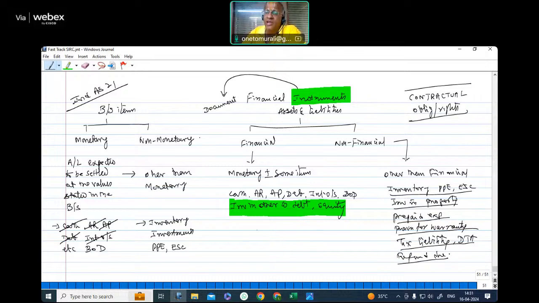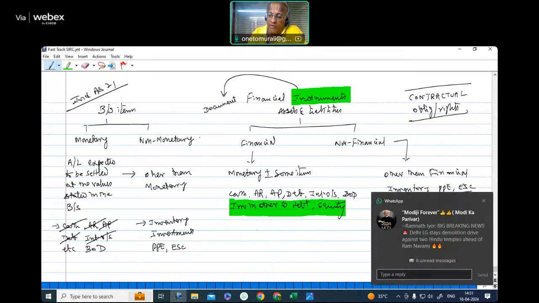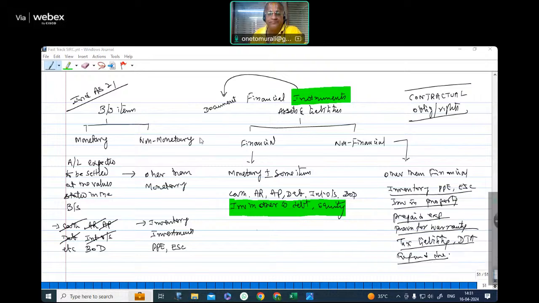Even an oral agreement can be taken up for the purpose of financial instruments. So please understand that whenever we talk about financial instruments, there should be a contract between two parties. And all these non-contractual, statutory items will not be taken up as part of financial instruments. So this is what we should firstly understand.